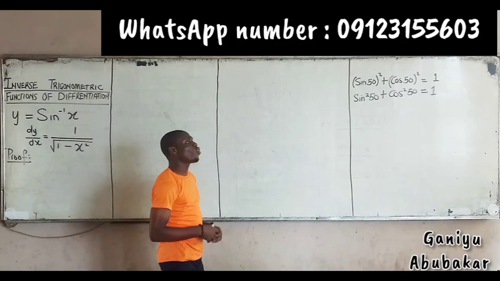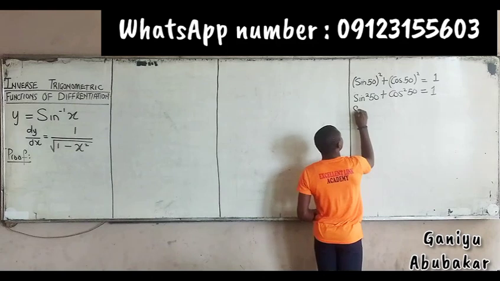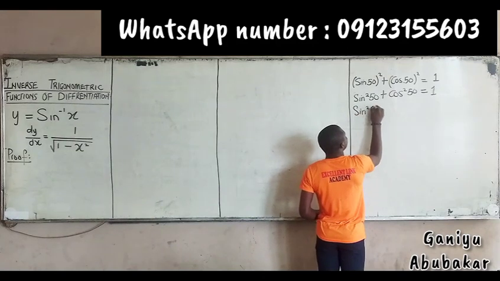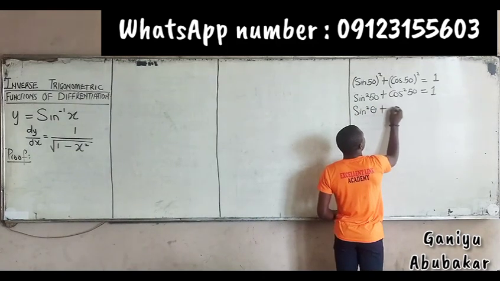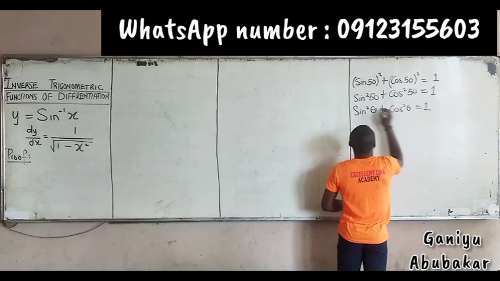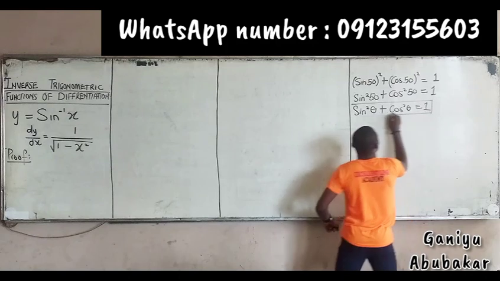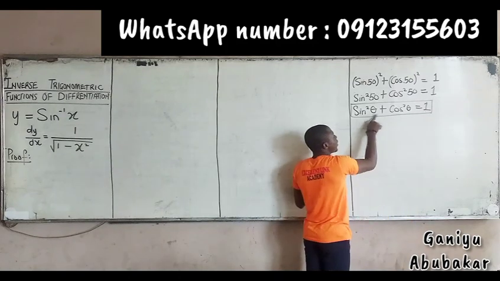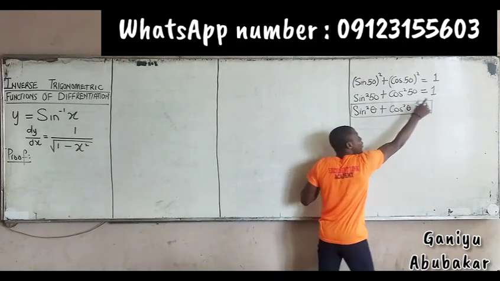I can also recall from a popular trig identity that says that sine squared theta plus cos squared theta is equal to 1. This is a popular trig identity which is still correct. Cos and cos, 50 and 50, I will have 1.